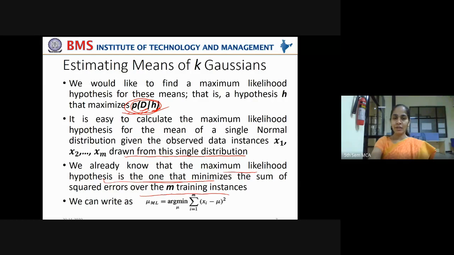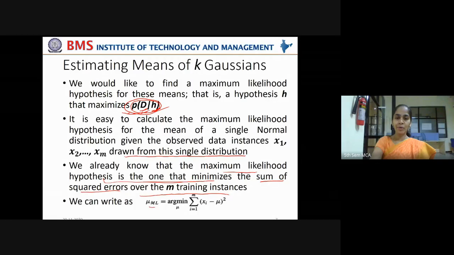Correct? So we already know that the maximum likelihood hypothesis is the one that minimizes the sum of squared errors over the m training instances. For every training instance, a prediction error has to be calculated and summed up. Now that value should be as low as possible.